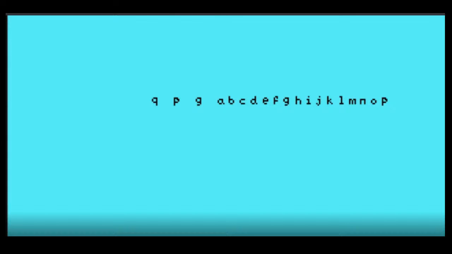Okay, so this is a different ASCII set than what you're used to. Instead of small capital letters, you'll notice these are actually true lowercase letters. And I see the Q and the P and the G have like a 1 pixel descender that sticks out the bottom.